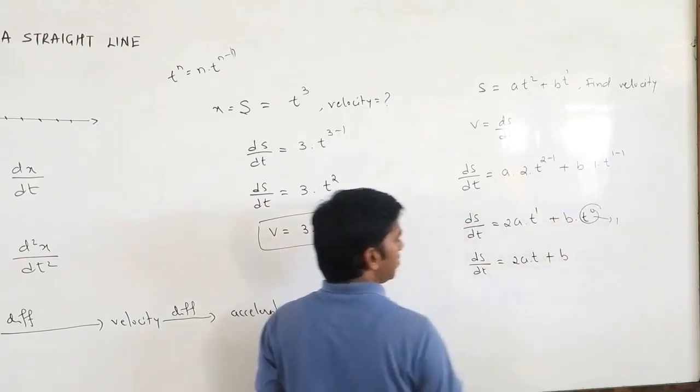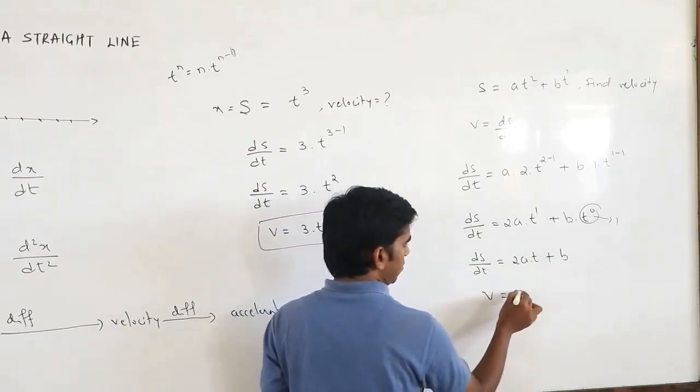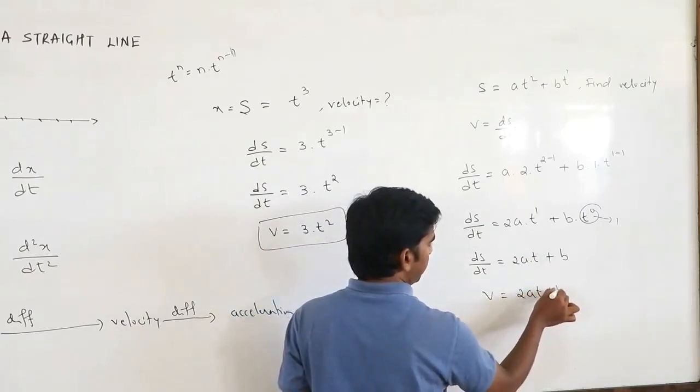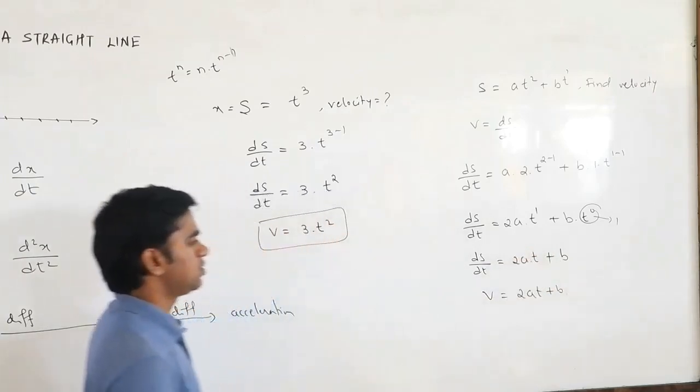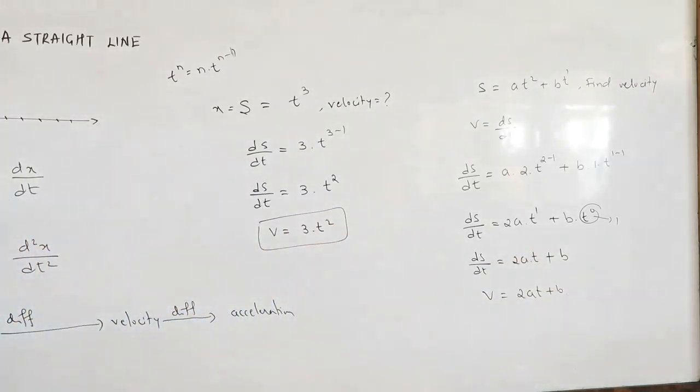So this becomes b. So velocity equals 2at plus b. These are simple examples.